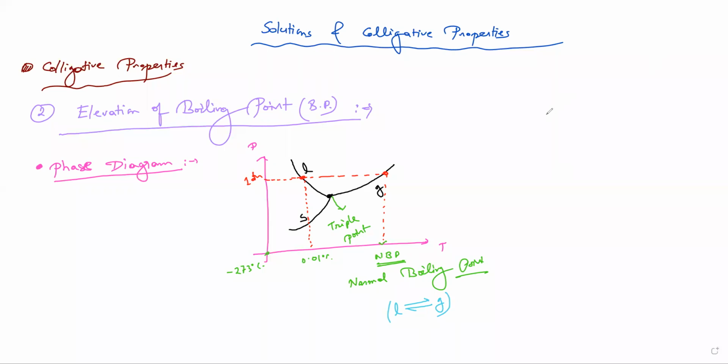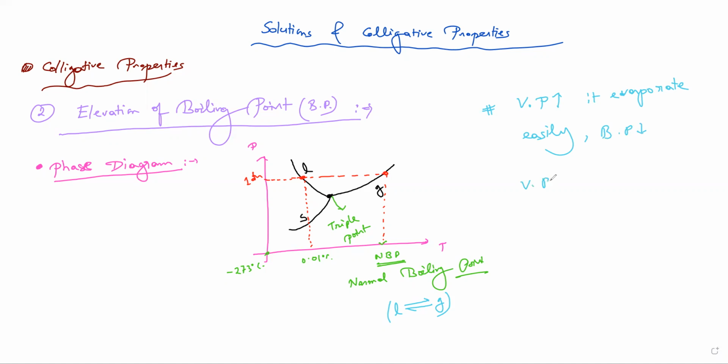Now, vapor pressure and boiling point. If the vapor pressure is high, that means it can evaporate easily, and boiling point is less.